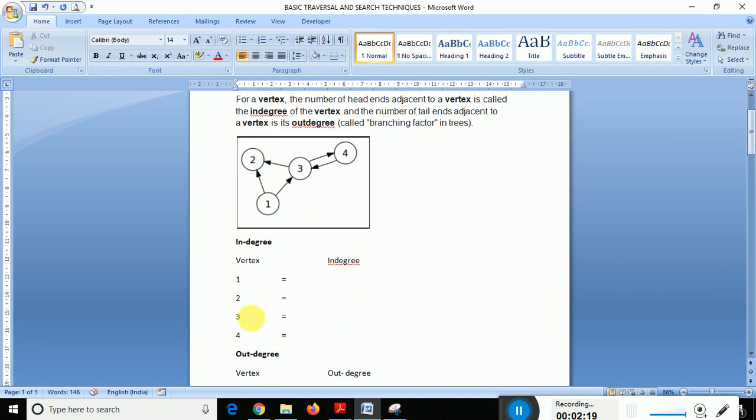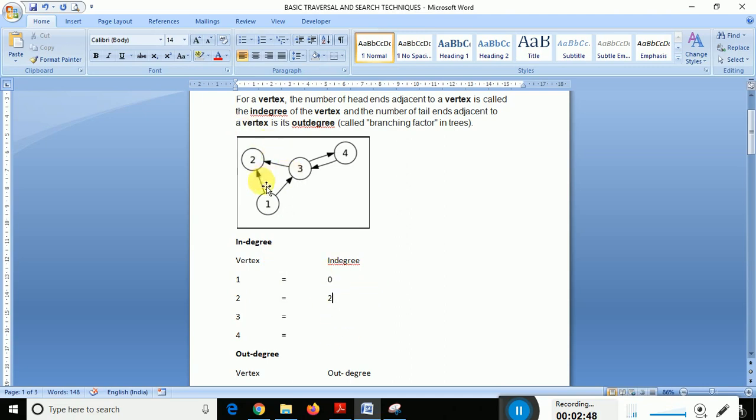In the first vertex, what is the in degree? How many arrows are pointing to 1? None. Then you have to put 0. Now the second vertex, 2. How many arrows are pointing to vertex 2? That is from 3 and 1, so we have to put 2.